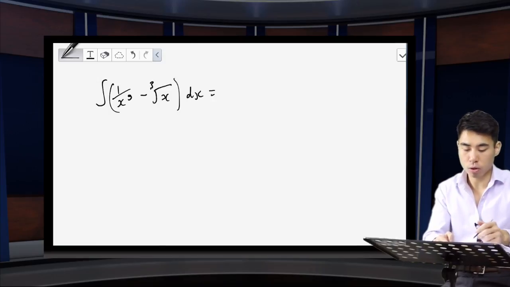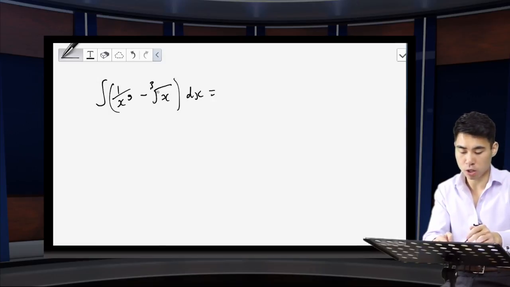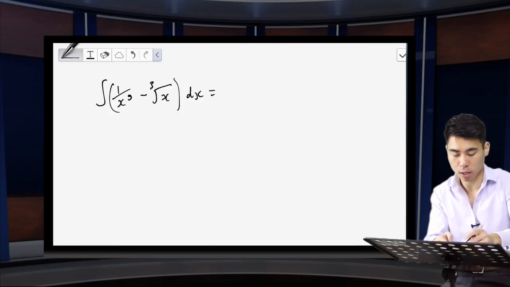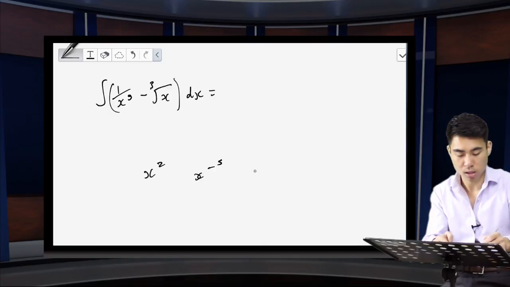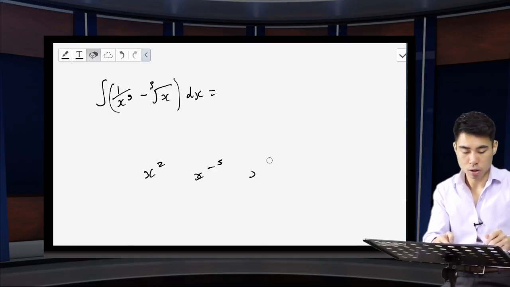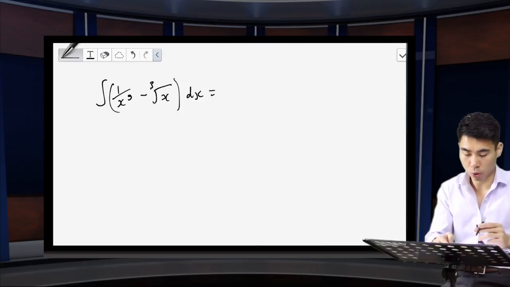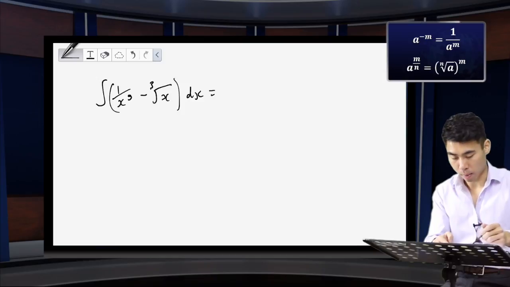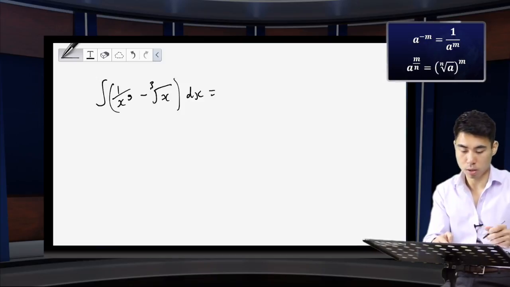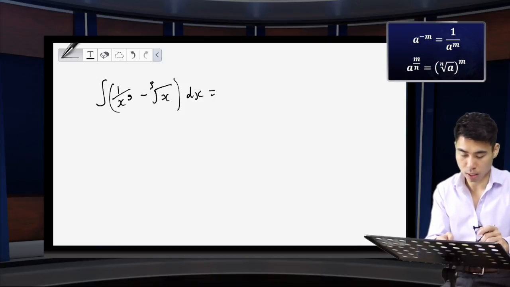So here you need to write these in a form such that I just have a single power on x, i.e. x squared, x to the minus 5, x to the half, etc. So you need to apply your index laws, which are up in the corner of the screen now, to rewrite each of these terms such that they are expressed with a single power on x.